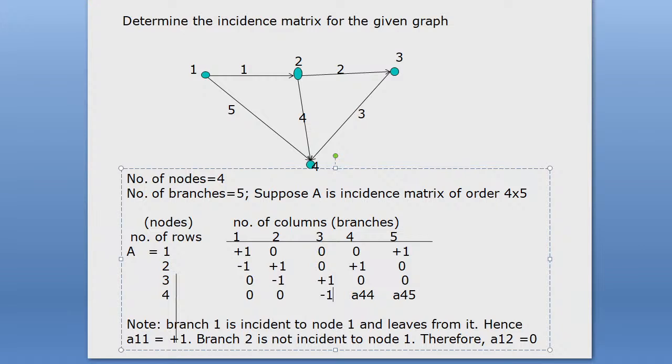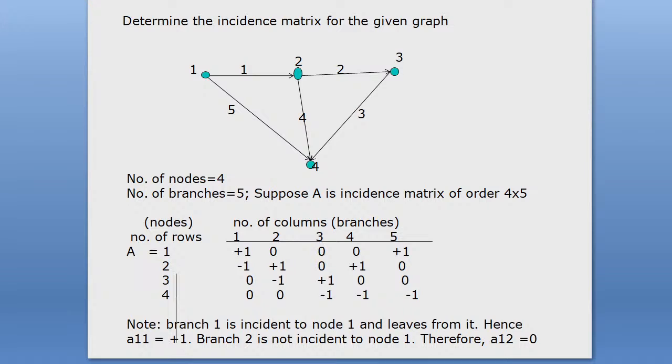A44: branch 4 is connected to node 4 and enters. So that means it will also be minus 1. And the final one is A45: node 4 is also connected to branch 5 and it is directed towards it, so it will be minus 1.